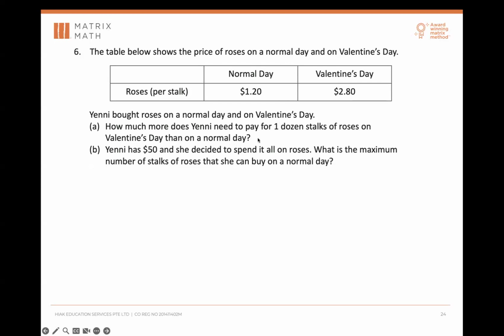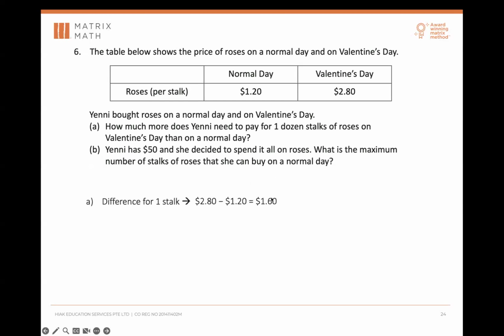It's asking you for the difference in amount. Yenny pay for 1 dozen means 12. 12 roses on a normal day compared to 12 roses on a Valentine's Day. So let's see the difference between the price on Valentine's Day and normal day is $1.60.